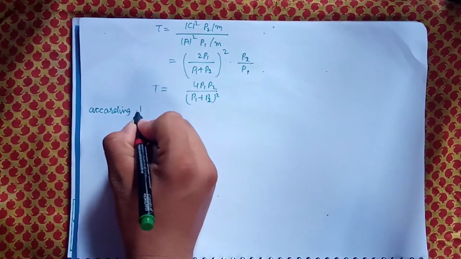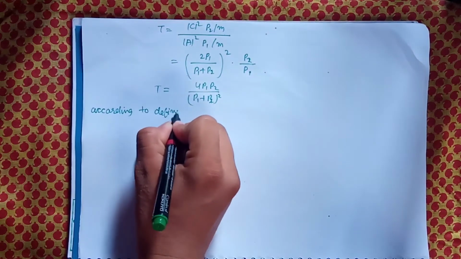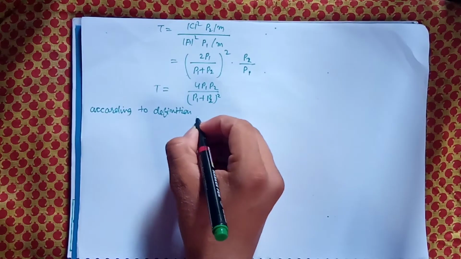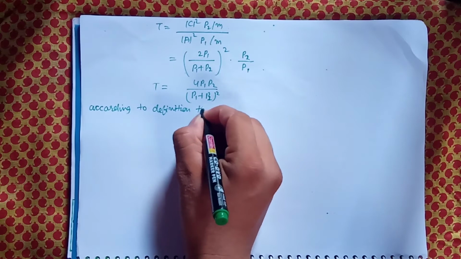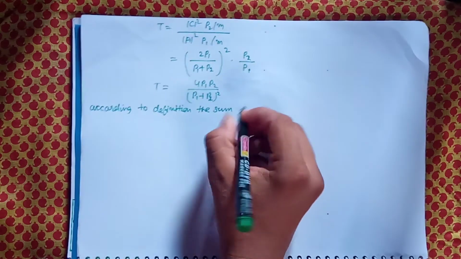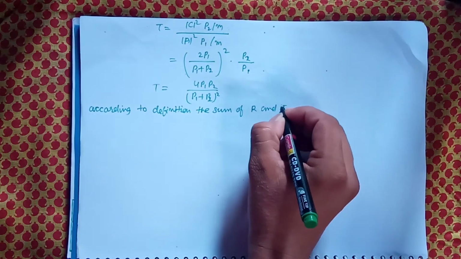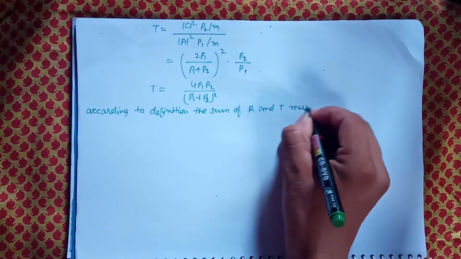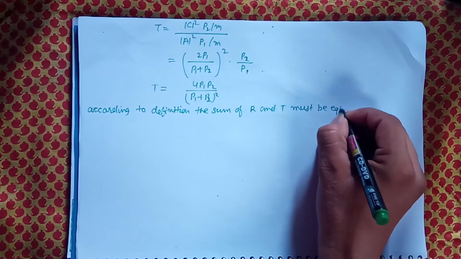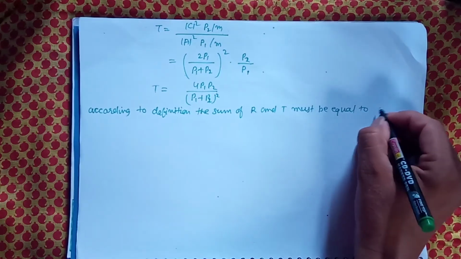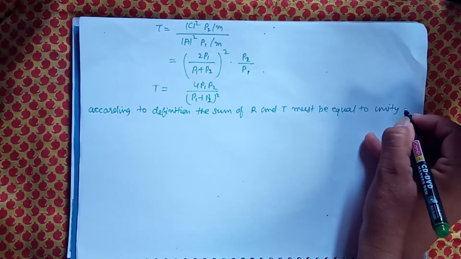According to definition, the sum of R and T must be equal to unity.